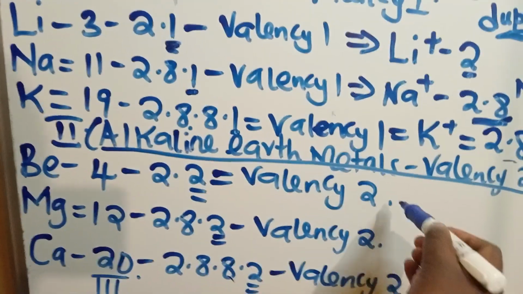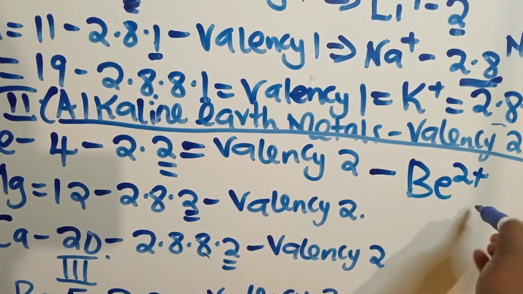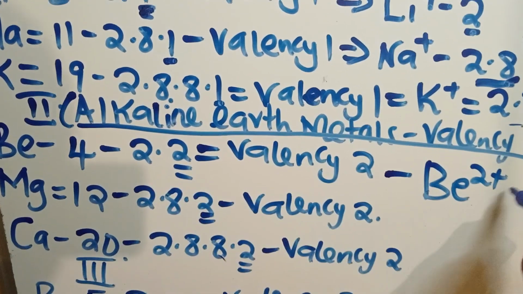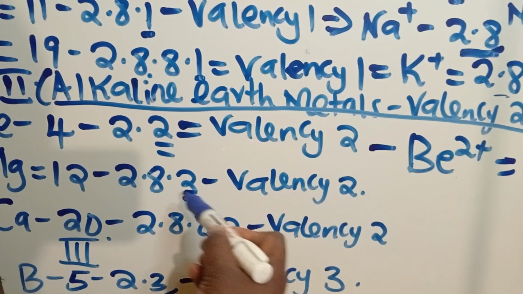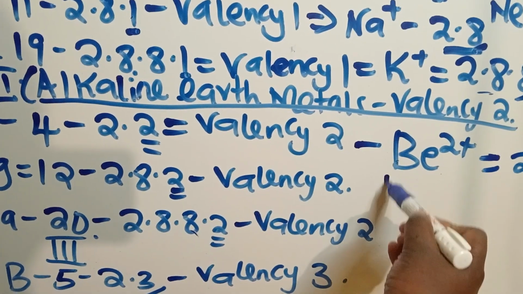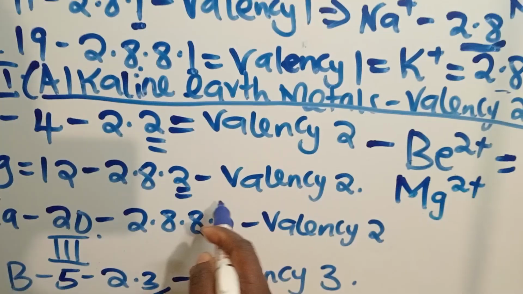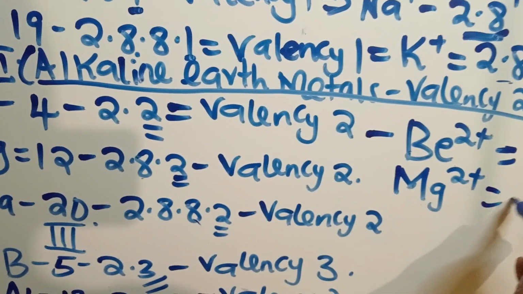So beryllium will become beryllium with 2 positive, and after it loses the 2, it will again go back to 2 like that one of helium. This is the ionic arrangement. When you go to magnesium, it has Mg 2 positive. Once it loses these 2, it will end up with 2.8.